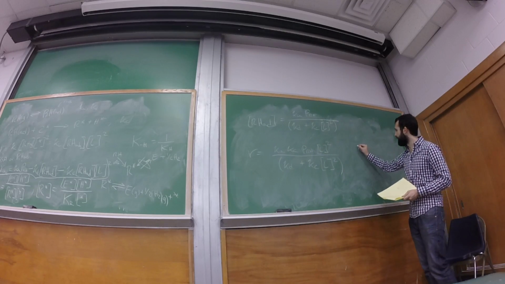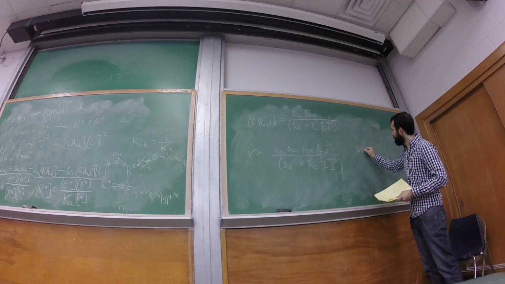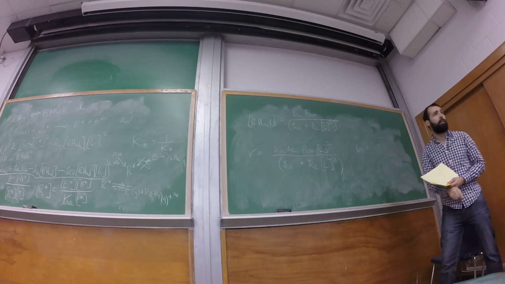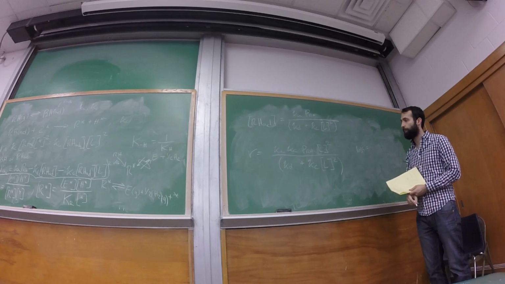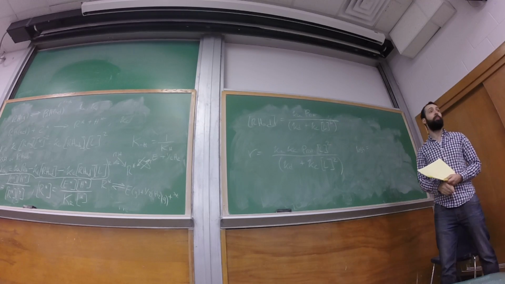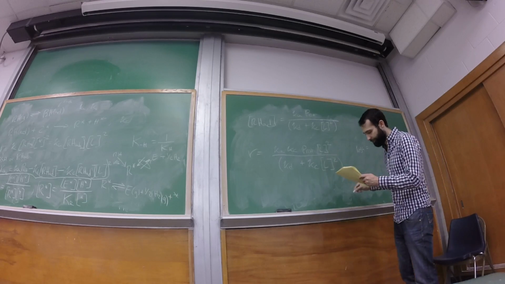So what is K effective? Kc L squared. No. Oh, yeah. Over the entire denominator.